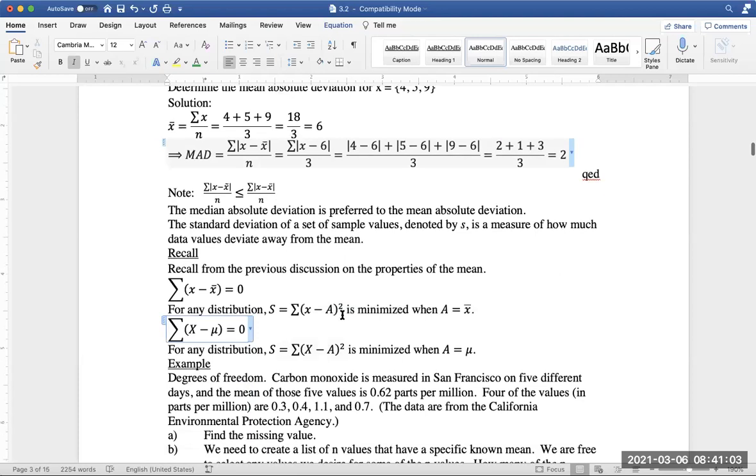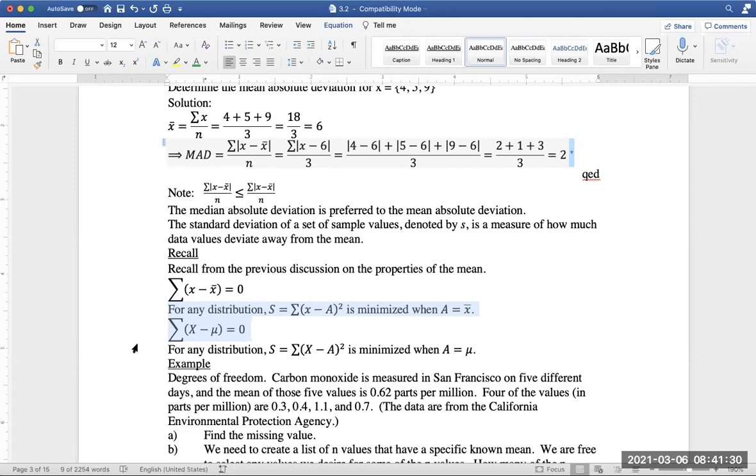So that means that if I'm going to be looking at a measure of dispersion from the mean, in this case the sample mean, I should look at the sum of the square deviations. Similarly, recall that for a population mean, the sum of the deviations from mu was 0.